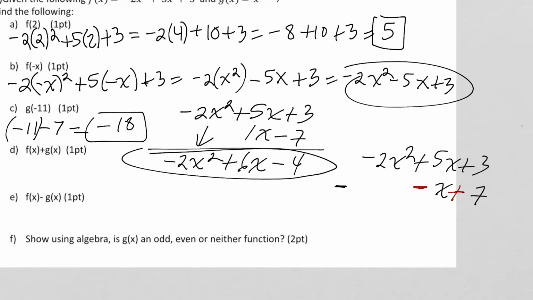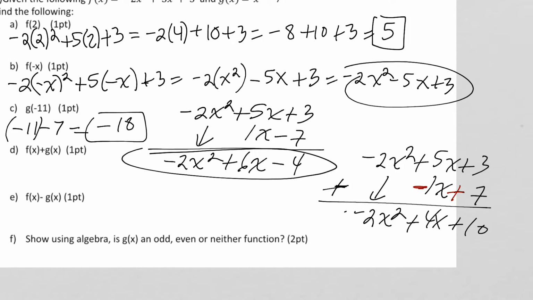This is going to change to its opposite, correct? So I have negative 2x squared coming down. I actually have a 5 minus 1, so that's a 4x. And 3 plus a 7, which is 10. So this is my answer for E.